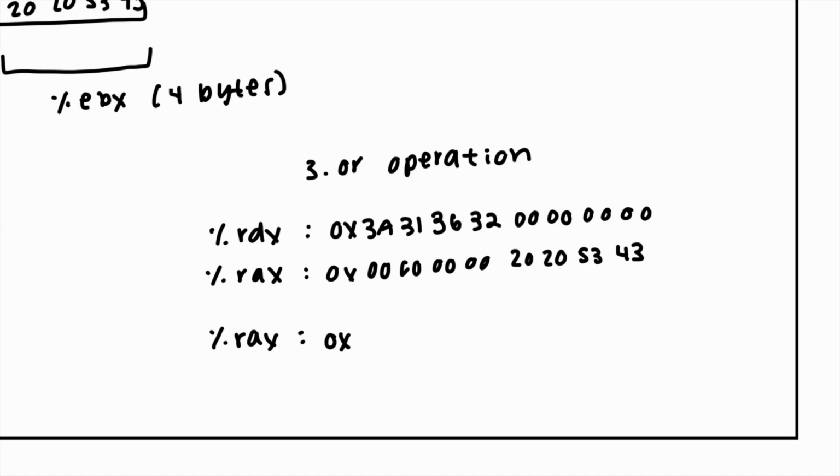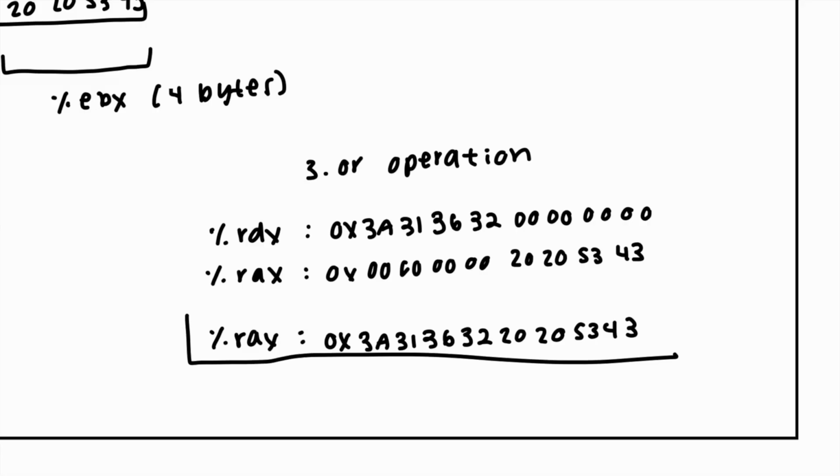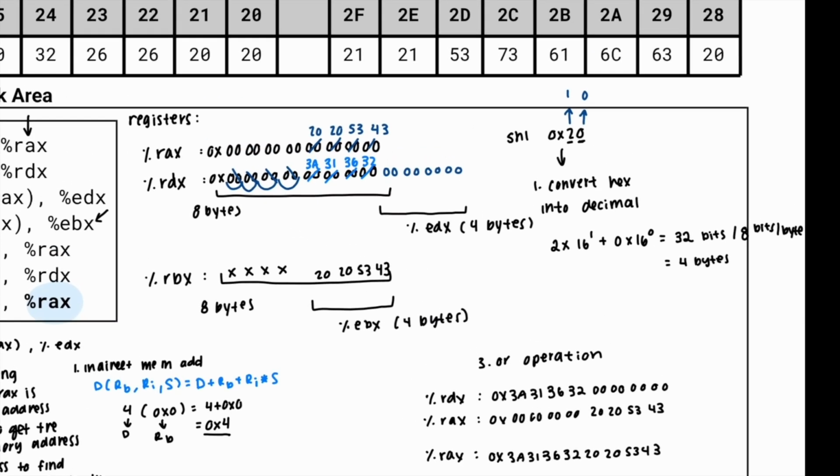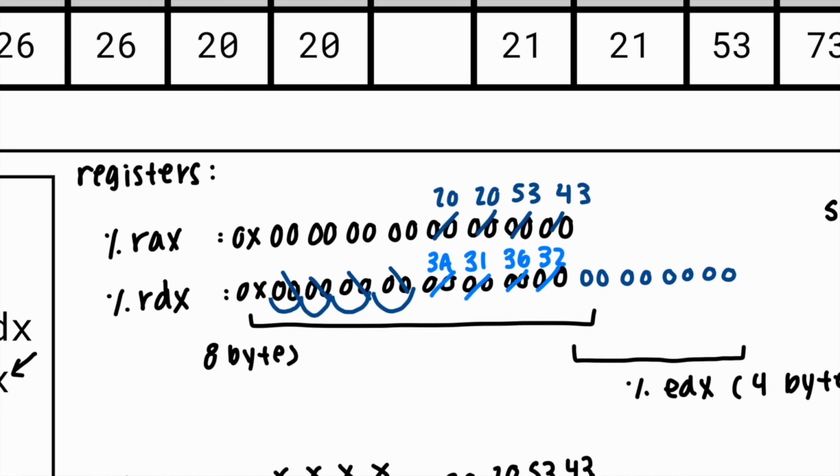So for this, the first 4 bytes, by ORing 3A, 31, 36, 32 and 0, we get 3A, 31, 36, and 32. And then the same goes for the last 4 bytes of RAX. Since we're ORing that with 0, then our final value will just be 20, 20, 53, 43. And then this will be our final value for RAX.